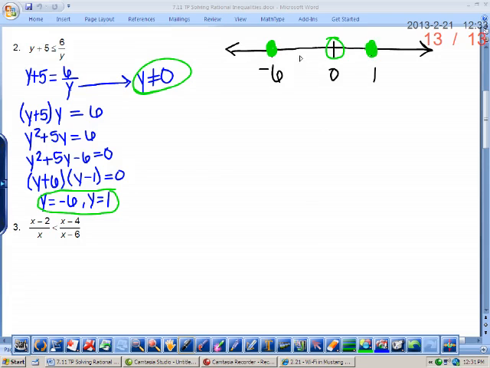All right, how many regions do you have to test this time? 4. Less than -6, between -6 and 0, between 0 and 1, and greater than 1.